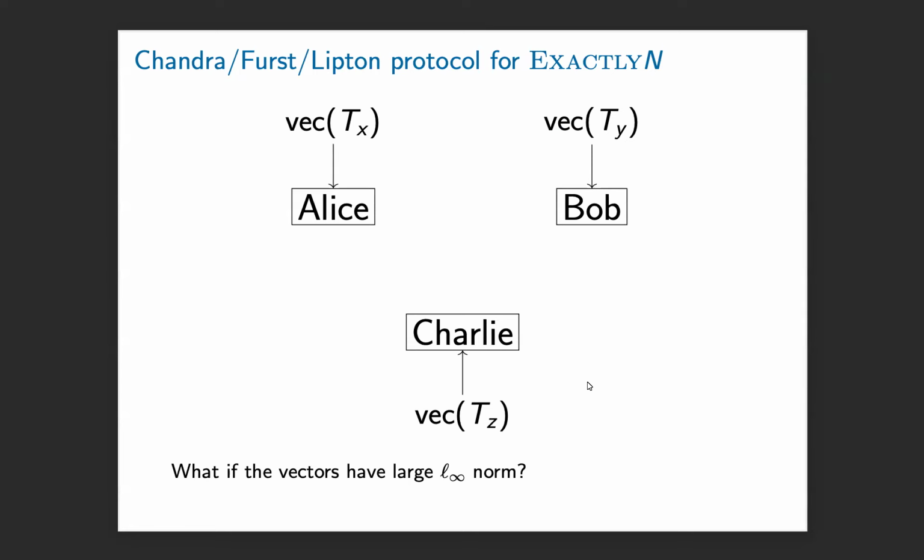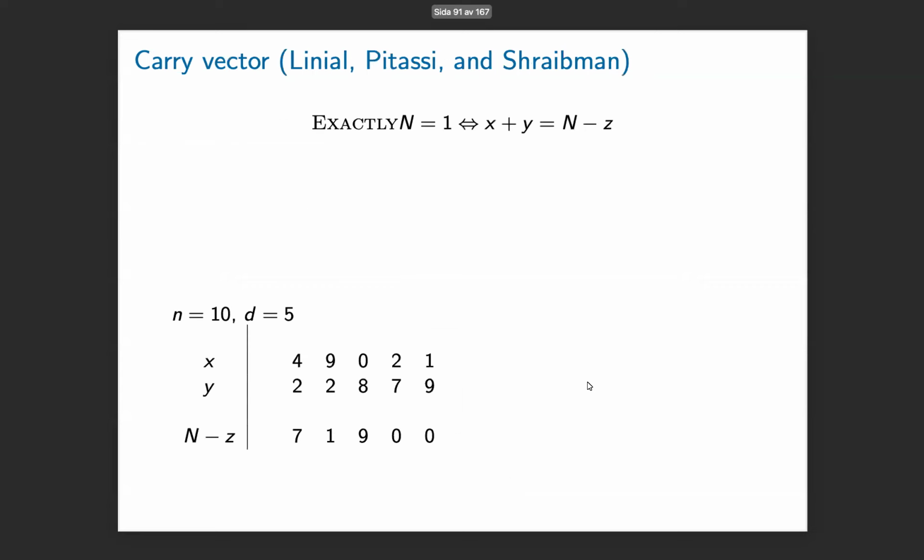But since we want a protocol that works on every possible input, we have to deal with these things directly. And the idea of Linial and Shraibman in 2019 was to explicitly reason about the possibility of carries, the possibility of wraparounds in this vector representation.